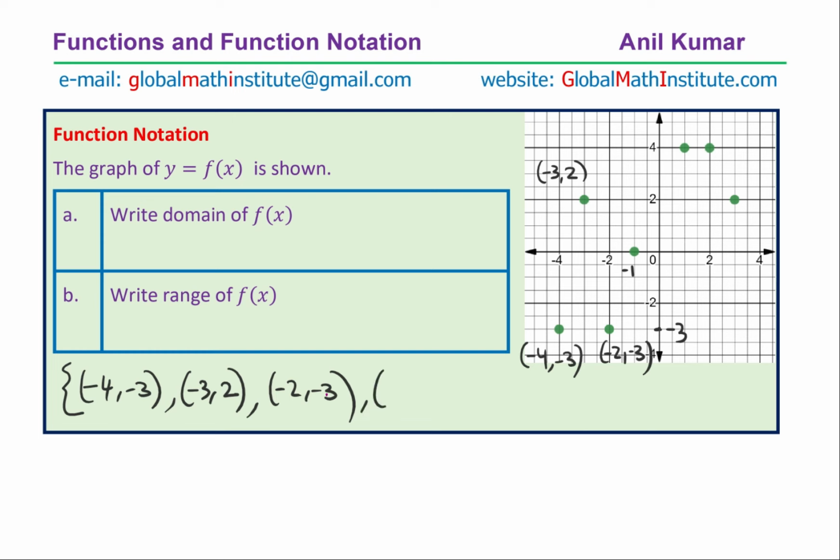So we'll write this as minus 1 and 0. Now we have the next point, which is at 1, 4. The next one is at 2, 4. And the last one here is at 3, 2.